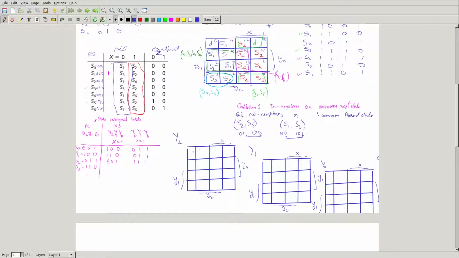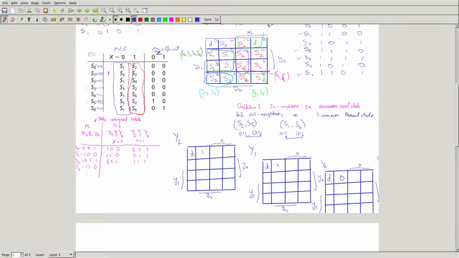So here we have D, D, D, and S3. What is the encoding of S3? 1, 1, 0. So 1 for capital Y2, 1 for capital Y1, and 0 for capital Y0.